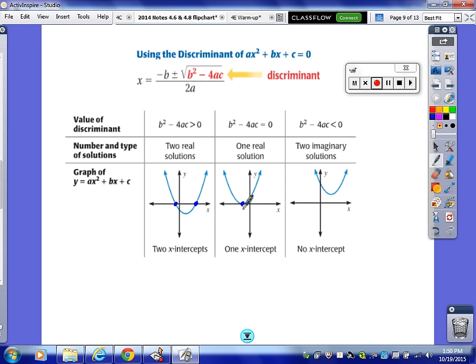And if b squared minus 4ac is less than 0, or negative, there's no real solution. Notice it's not touching the x-axis. So in a quadratic, we can have 2 real, 1 real, or 2 imaginary solutions. We can't ever have just one imaginary or one irrational.